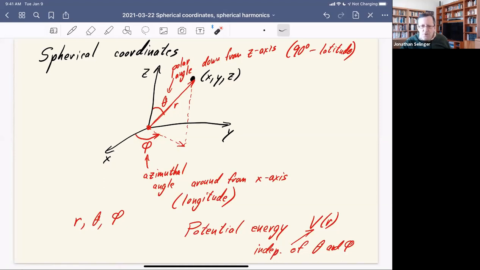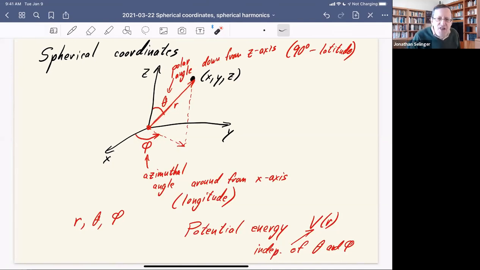And if we do that, then the potential energy only depends on one of these variables, which is just this r variable, the distance out from the origin. Okay, so it makes a big simplification in the potential energy. That's good.